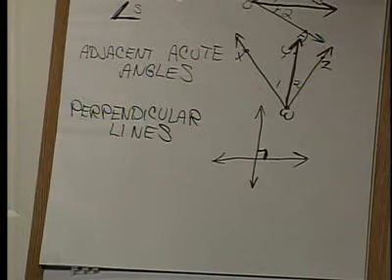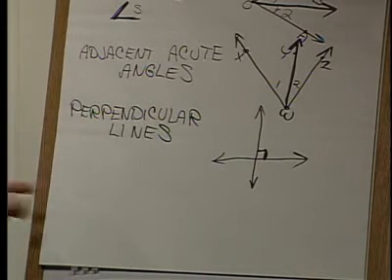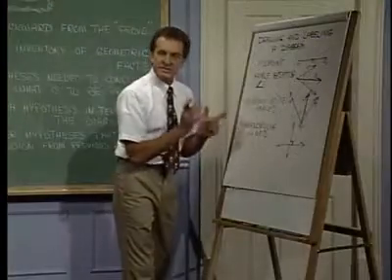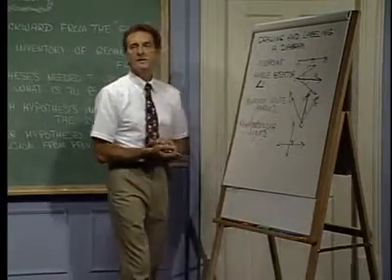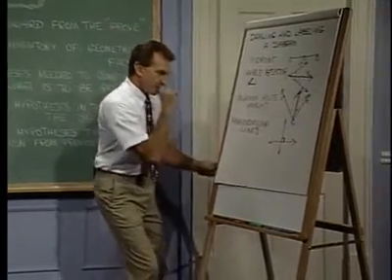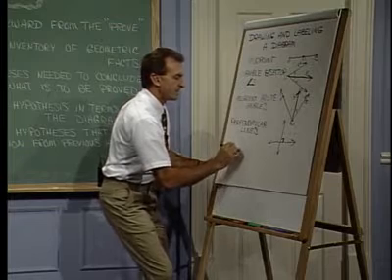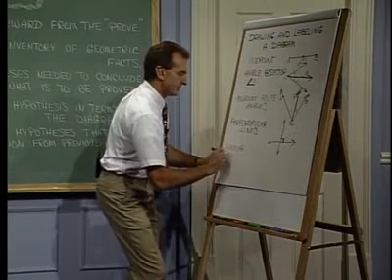So again, if this is the given clue of perpendicular lines, draw them to look like perpendicular lines. The more to scale your diagram is, the easier it's going to be for you. One other very common fact they might give you is a linear pair. A linear pair of angles.